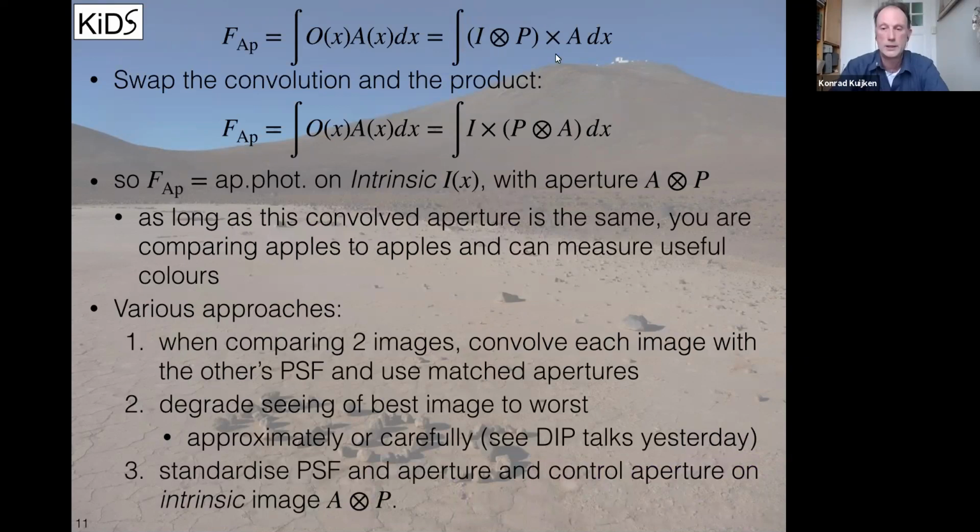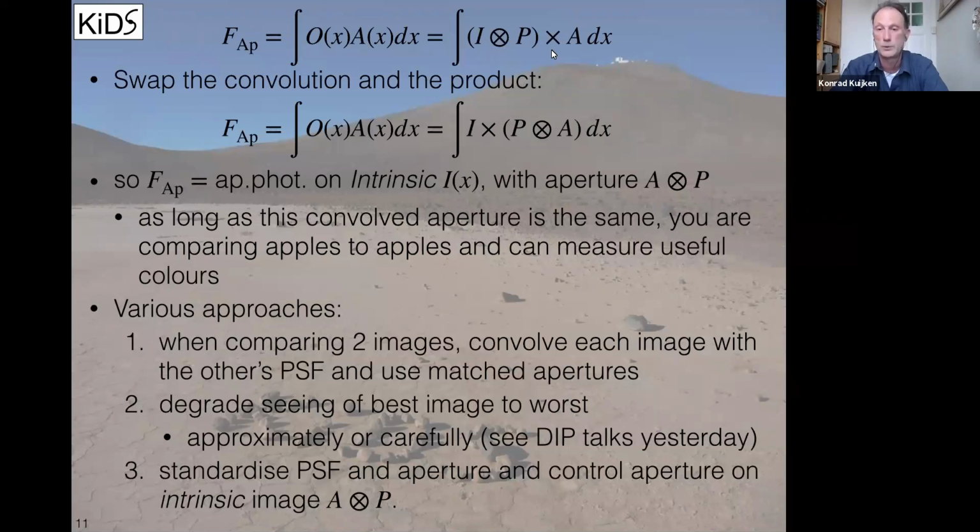Now with an integral like this, there's a nice trick you can play, which is to swap the multiplication and the convolution. It's a nice triple product. And so you can write this aperture flux as an integral over the intrinsic image, so pre-seeing, multiplied by some weight function. And this is a new aperture function, which is just the one that you put on your post-seeing image convolved with the PSF.